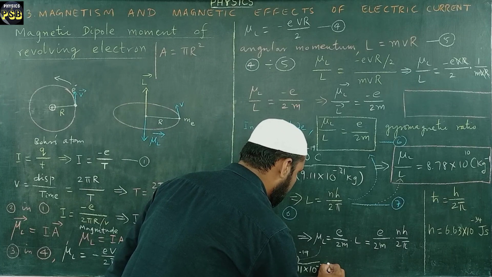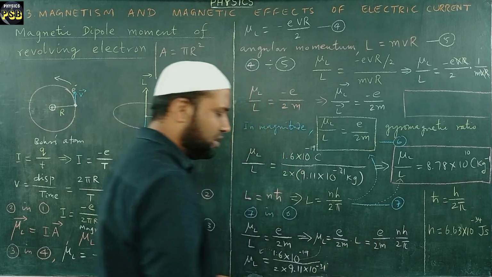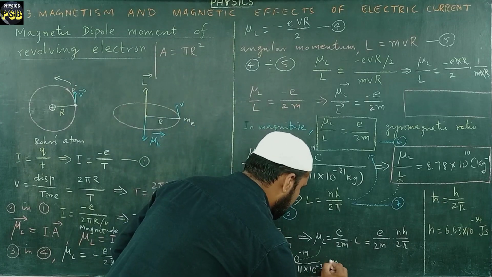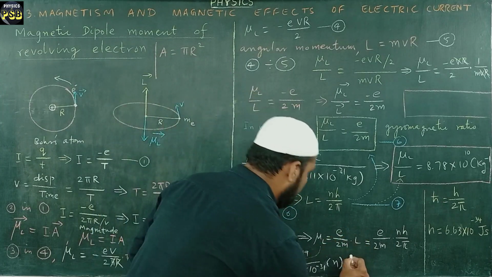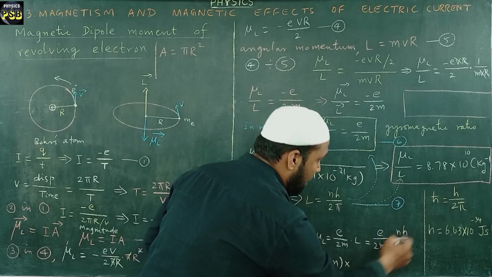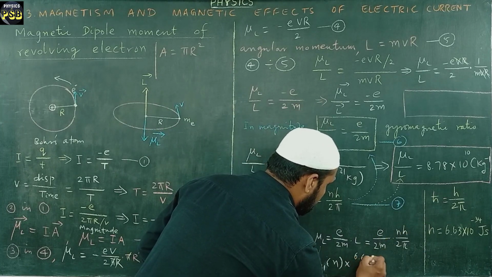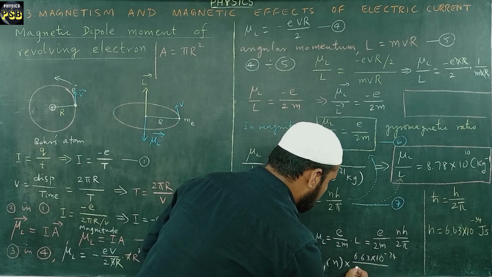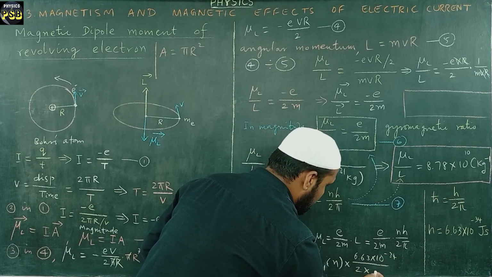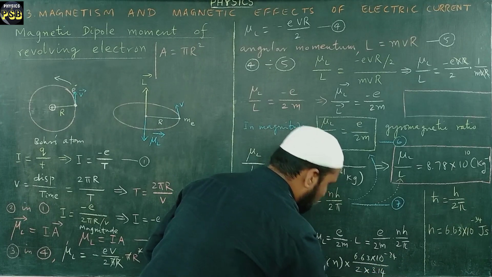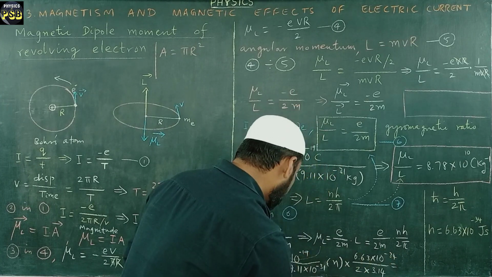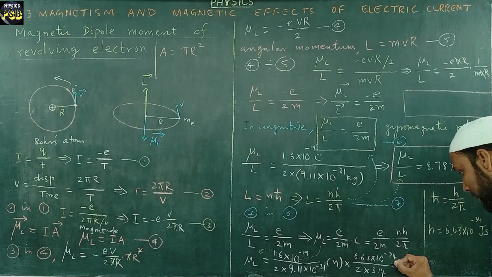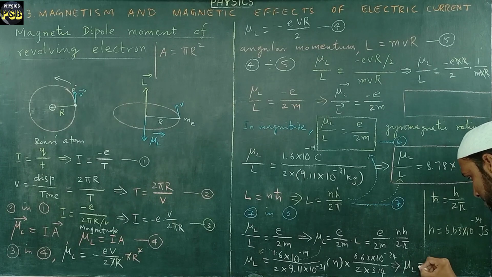Then here n is nothing but the natural number, so I take it as such. h is Planck's constant, 6.63 × 10^-34, divided by 2 multiplied with π, which is 3.14. So if you multiply all these things, you will get the value of μ_L.